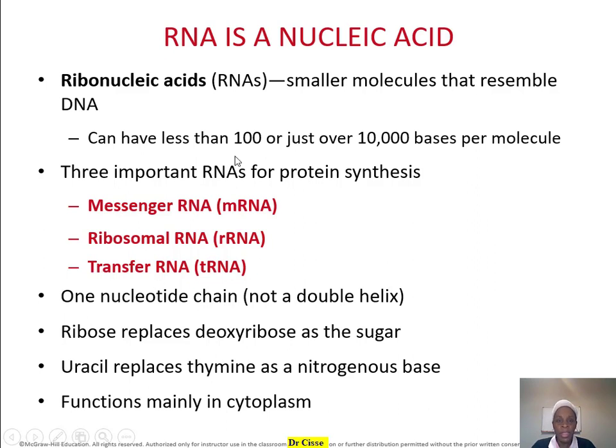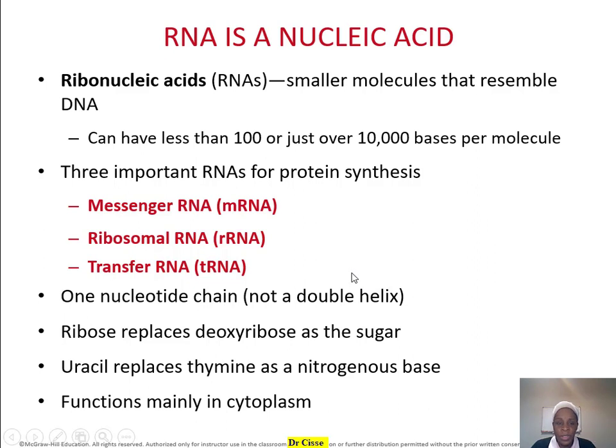But what is RNA? Just like DNA, it is a nucleic acid. Remember, we have 4 types of macromolecules: carbohydrates, proteins, lipids, and nucleic acids. So RNA, just like DNA, is a nucleic acid. But we have 3 types of RNA. And then guess what? RNAs are smaller than DNA.